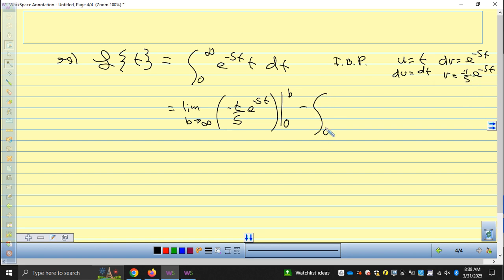So that's the integral from 0 to infinity of negative 1 over s e to the minus st dt. Well, this first limit is 0 if s is positive, because e to the st is in the denominator. So we get that approaching infinity, minus t e to the minus st at 0.